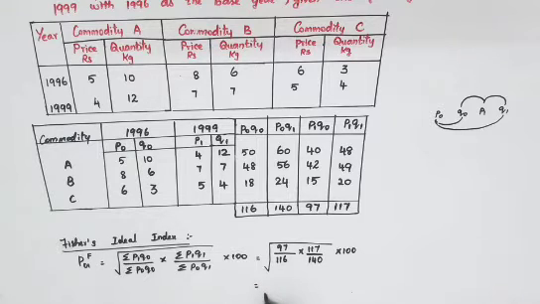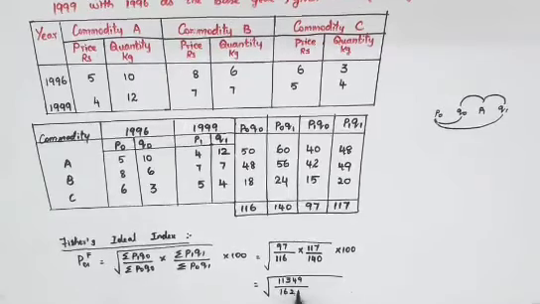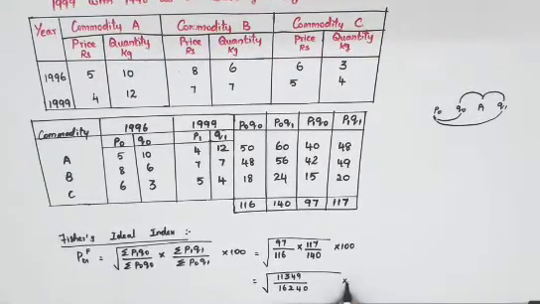So which is equal to root of 97 into 117, you will get your answer 11349 divided by 116 into 140, you will get your answer 16240 into your 100 is outside.